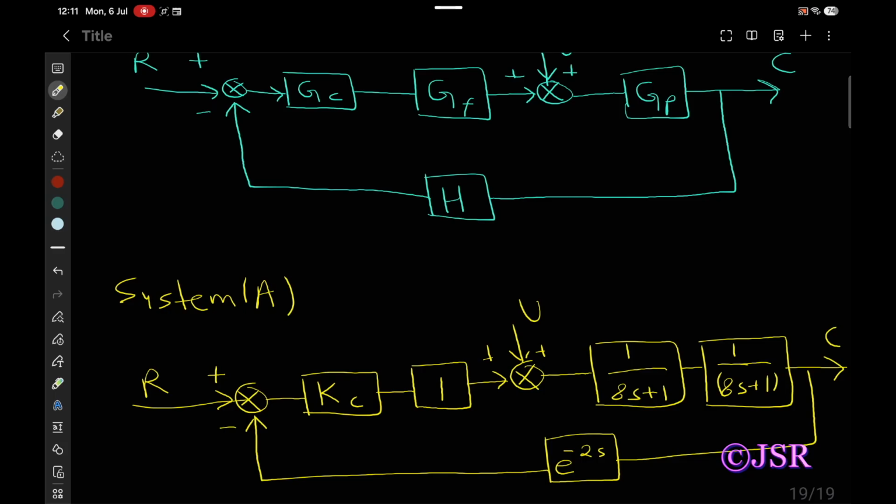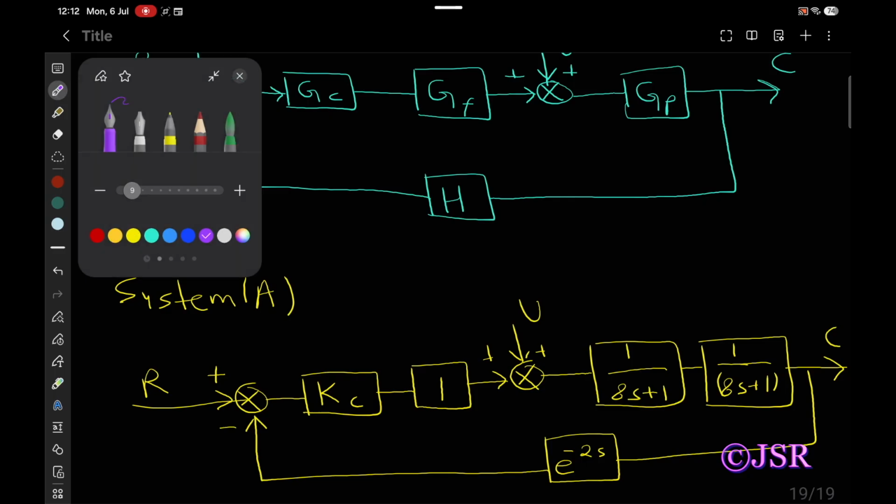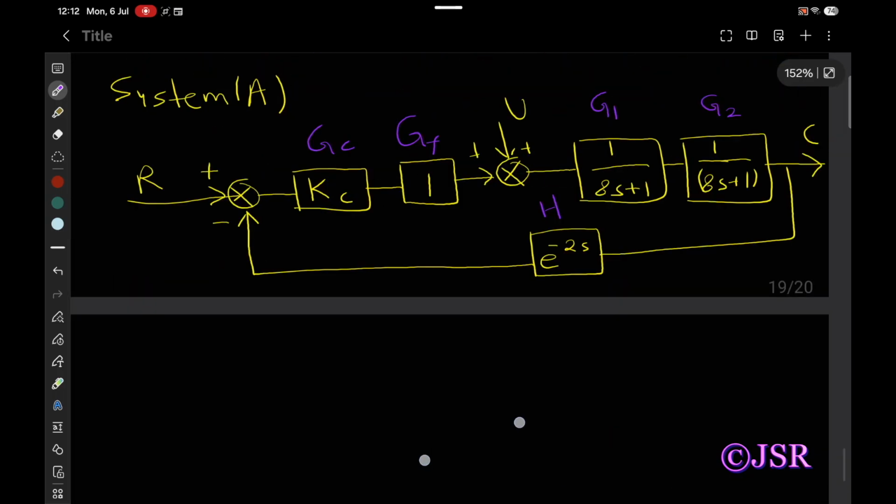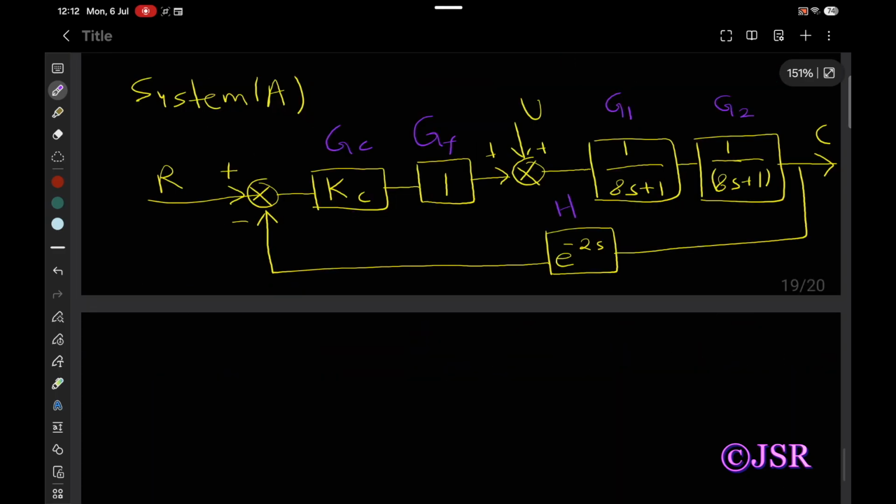Here this is G1 and G2, this is H, this is GF, this is GC. So finally we have different types of elements in series.